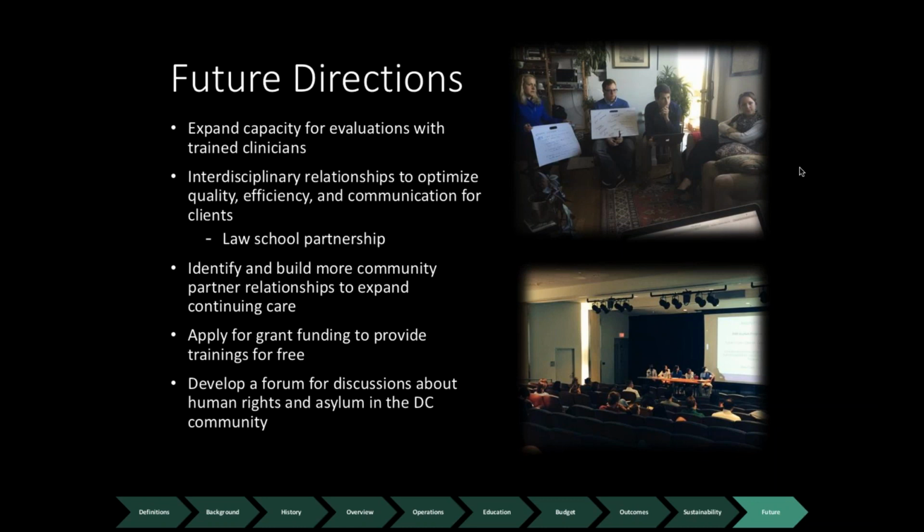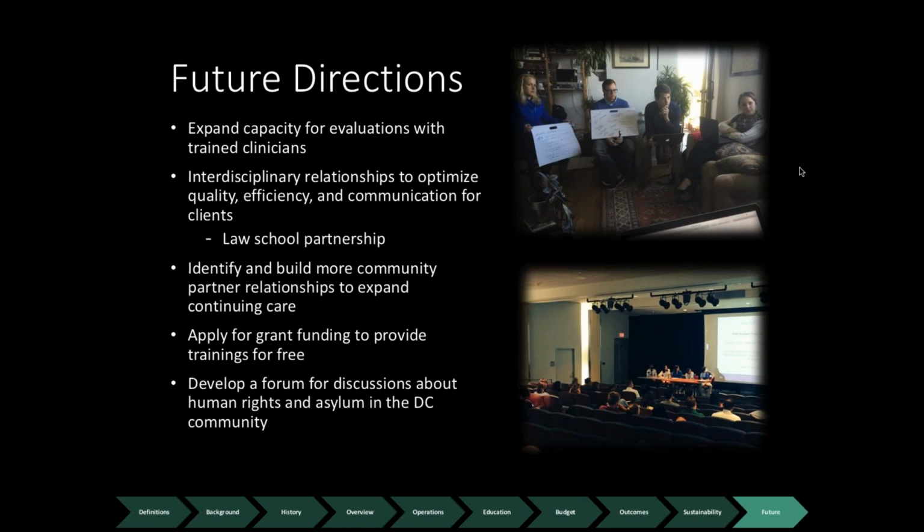We also want to develop some more interdisciplinary relationships throughout the community, the law school being foremost on our minds, working with CALS as soon as next year is one of our primary goals as well. We also want to continue building our partnerships with some of the community partners that we have currently, such as TASC, PHR, and ECDC, because we want to continue to expand the care that we're able to connect our asylum seekers with.